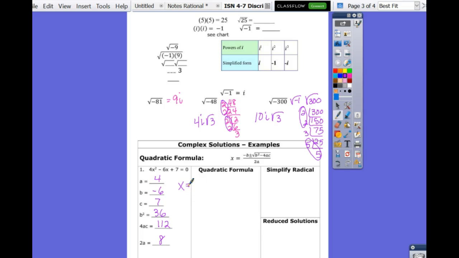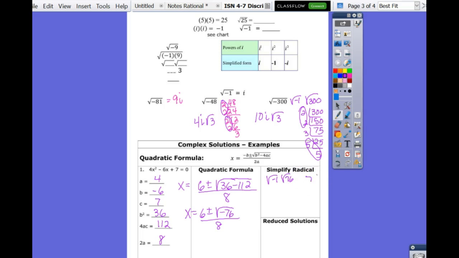Now in the equation, it's a negative b, but it's negative here, so when I put it in, it's a positive 6. So I get negative 76. So this is going to give me negative 1 times 76.